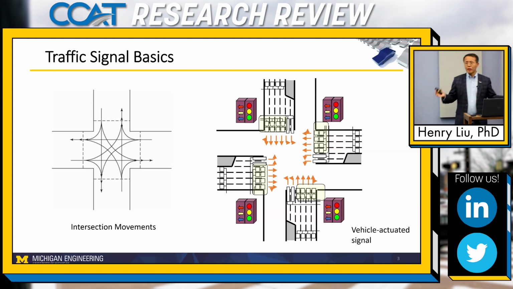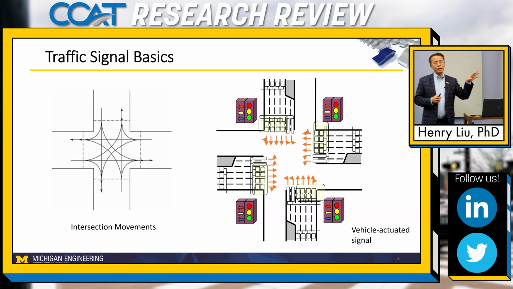And then some intersections also have detectors. In this picture, I show you a fully actuated traffic signal. In each lane, mostly for the through lanes, they usually have 2 detectors. They have the detector at the stop bar detecting the presence of a vehicle arrival.